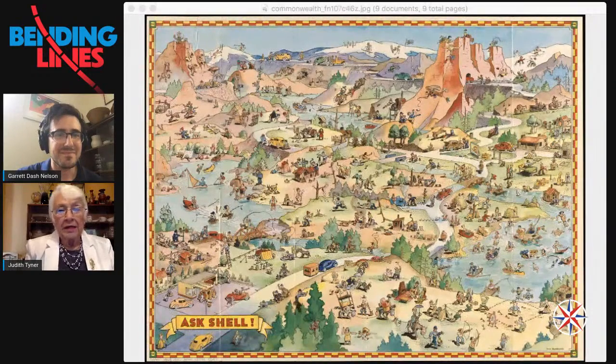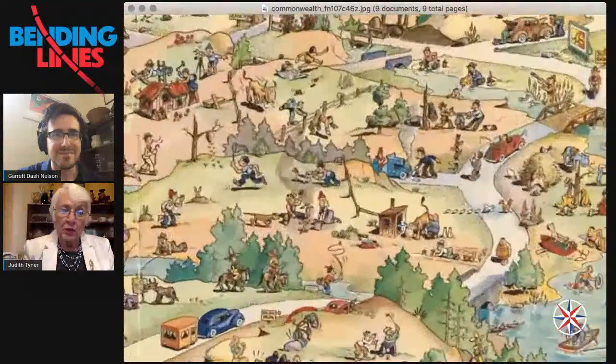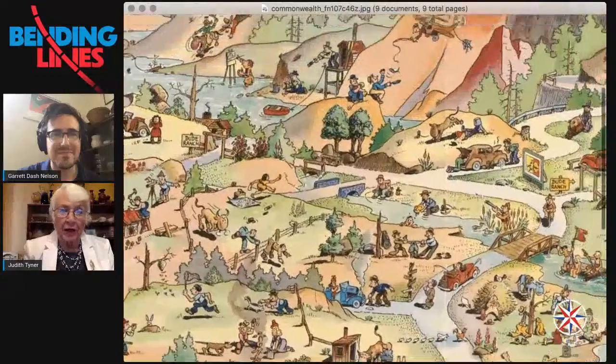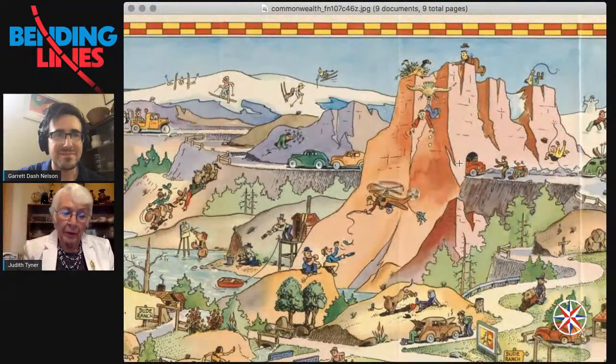And it is a map that is totally fictitious. It shows the Southwest, but it's not the real Southwest. There are no real places on it. And it's got a lot of humorous elements. This was, again, typical of the pictorial maps in this era.